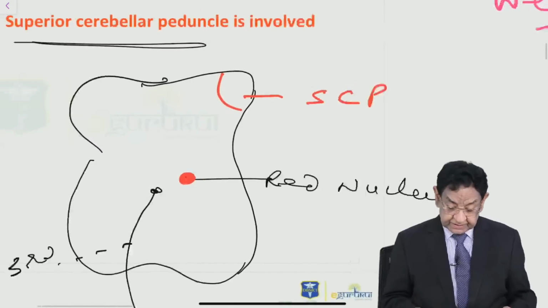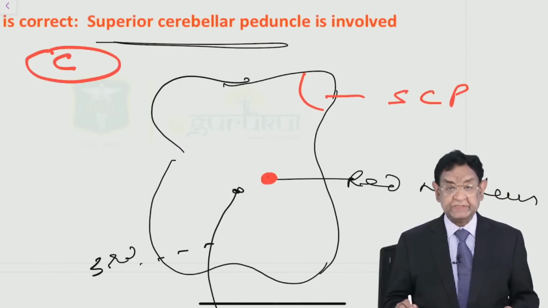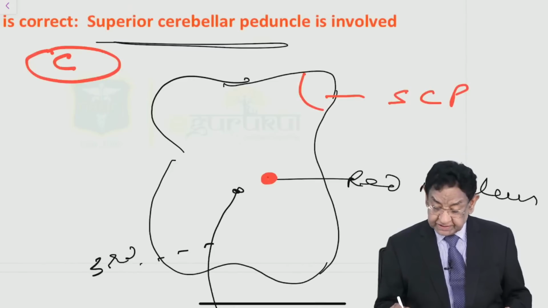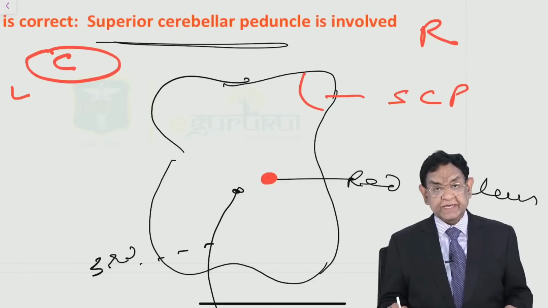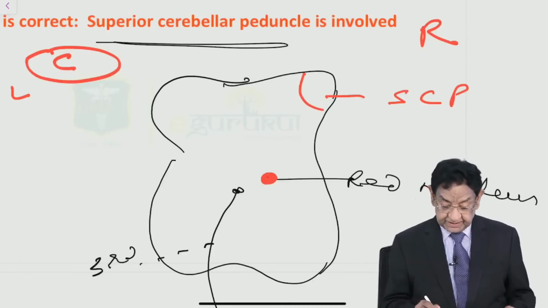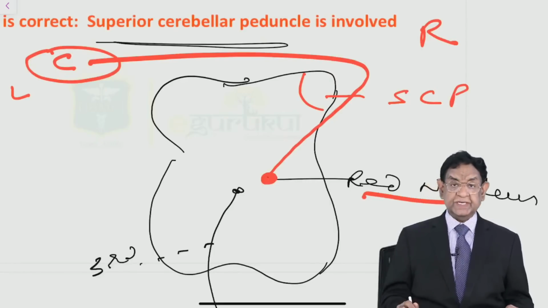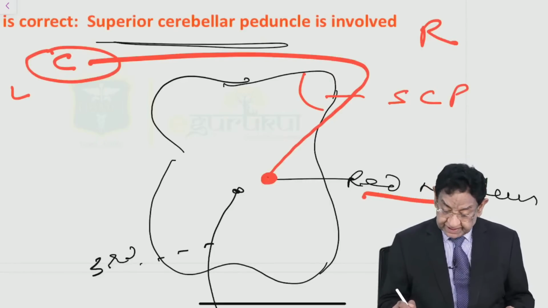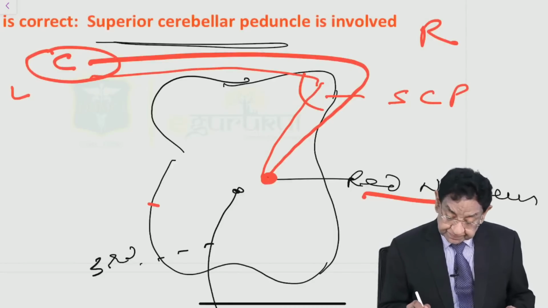Now, this is the cerebellum. C for cerebellum. This is right-sided. This is left-sided. So this is the cerebellum of the left side.